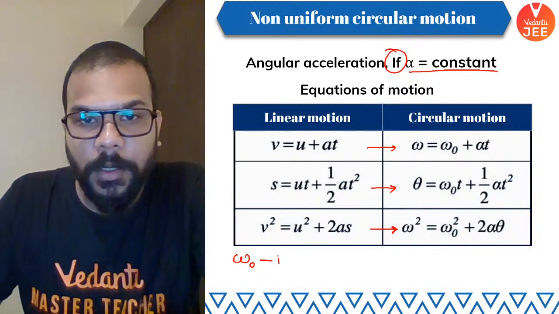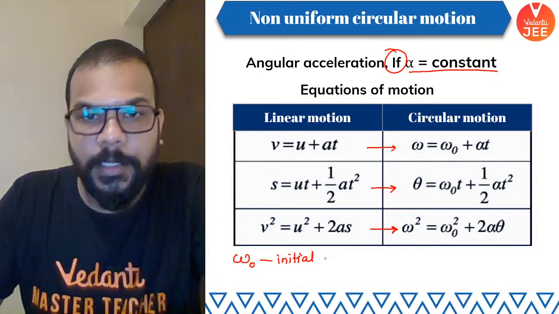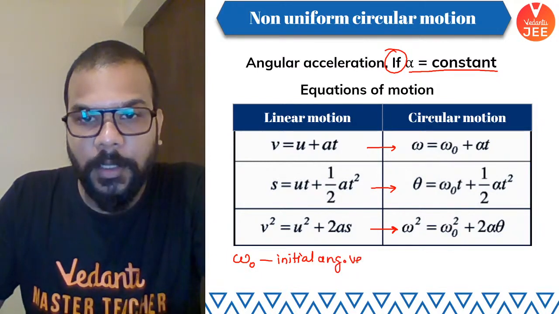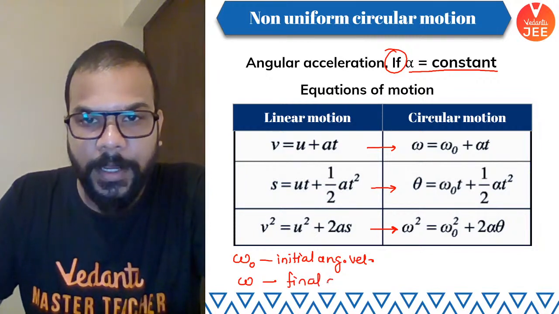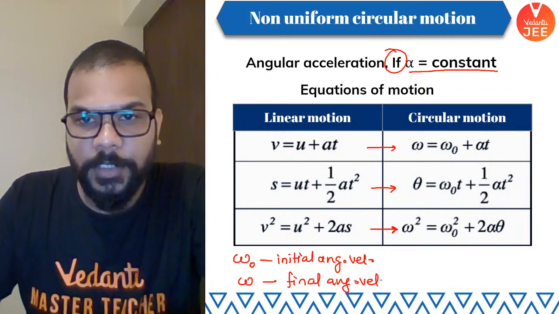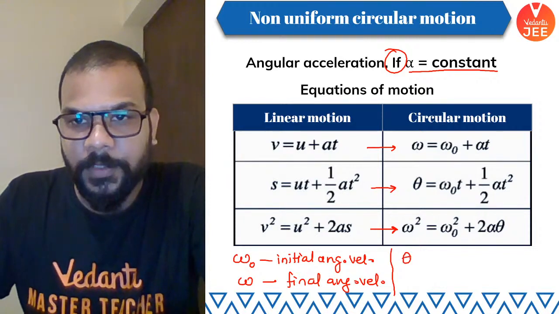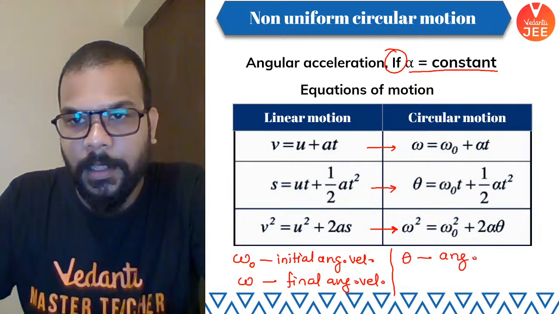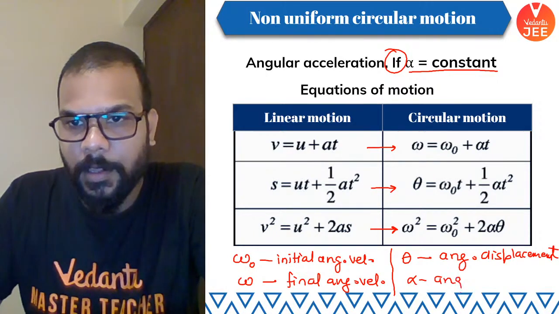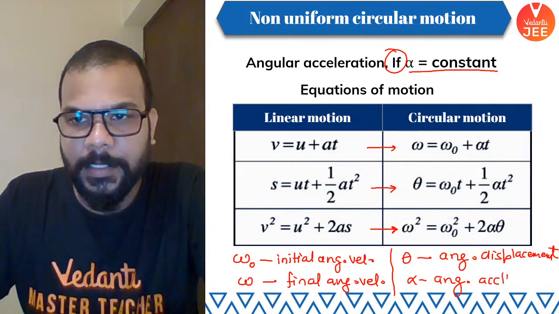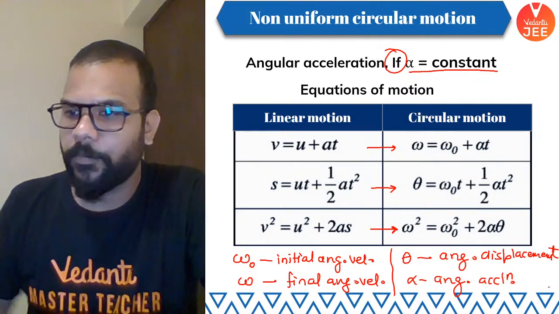Omega naught is initial angular velocity, omega is final angular velocity, theta is angular displacement, alpha is angular acceleration, and obviously t is time.